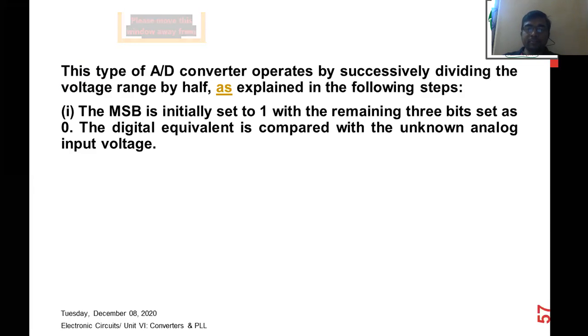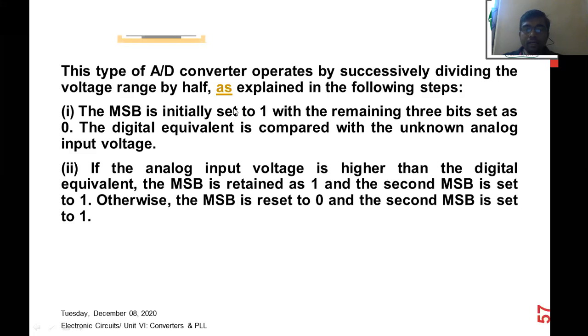For example, see the steps that we have to follow for the conversion. The A to D converter operates by successively dividing the voltage range by half. The first MSB is initially set to 1 with the remaining 3 bits set to 0, as we are taking a 4-bit A to D converter. This digital equivalent is compared with the unknown analog input voltage.